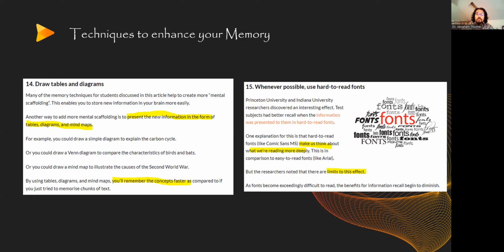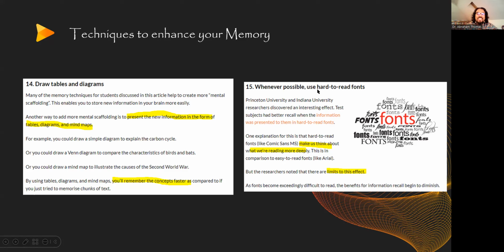And now we have amazing software that we can use to mind map all sorts of concepts. And again, moving things around digitally makes it a lot easier to get that flow of information correct in our minds. Again, there are a couple of examples here, and they point out that it helps us remember concepts faster as compared to just trying to memorize a chunk of text.